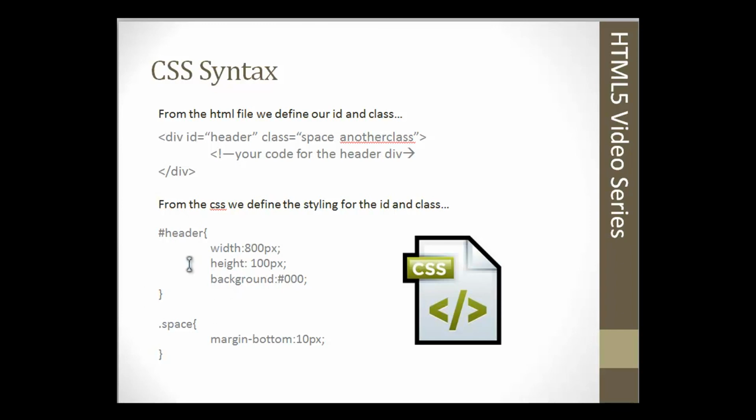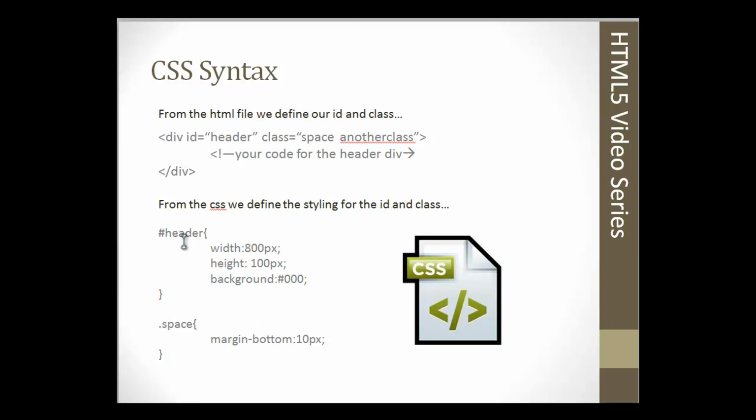Now the most important thing to know about IDs and classes is that an ID uses a pound sign, and a class uses a period. That's pretty much the only thing that is different. The styling is the exact same. You just always want to remember an ID is a pound sign, and a class is a period.